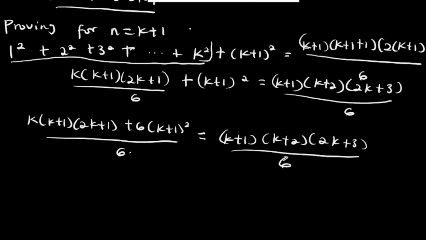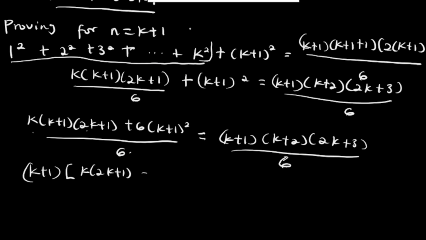At this point, we want to make this side equal to this. Our denominators are equal, so meaning we have to focus on the numerator. At this section, we can factorize k plus 1 out from here. So k plus 1 will come out, and when k plus 1 is out here, I'll be left with this and this. So I'll have k multiplying 2k plus 1, right?